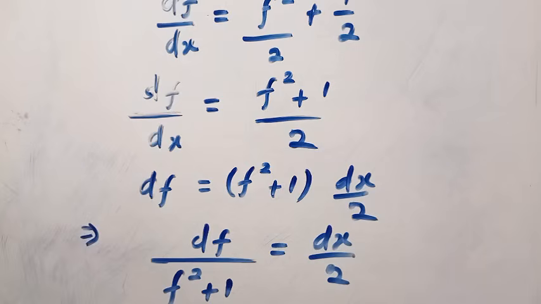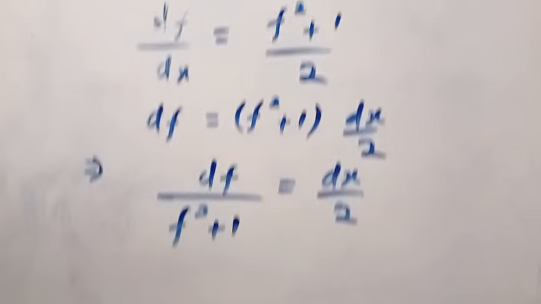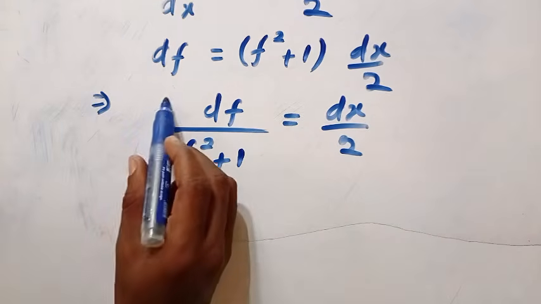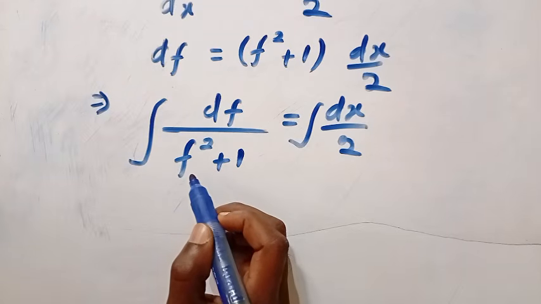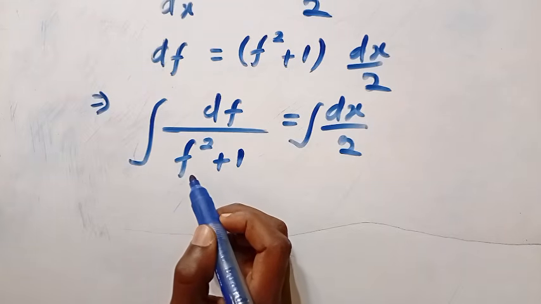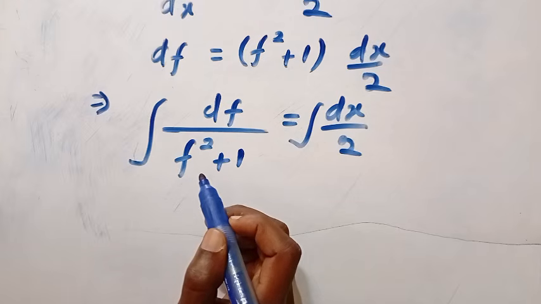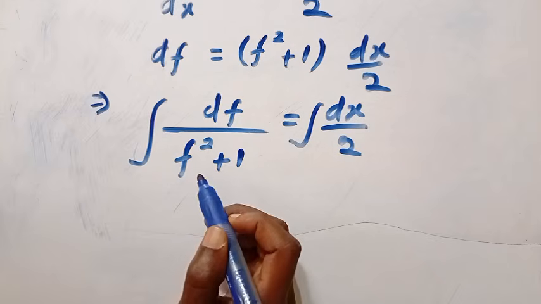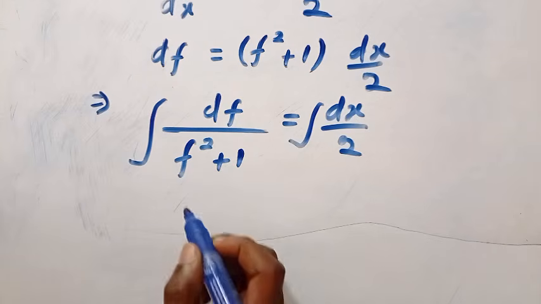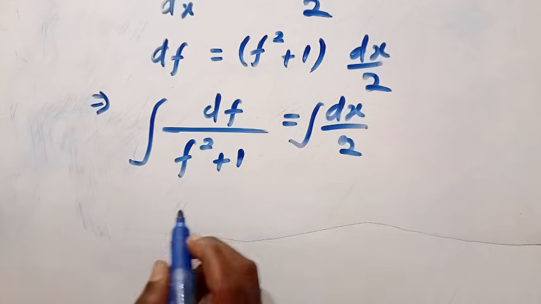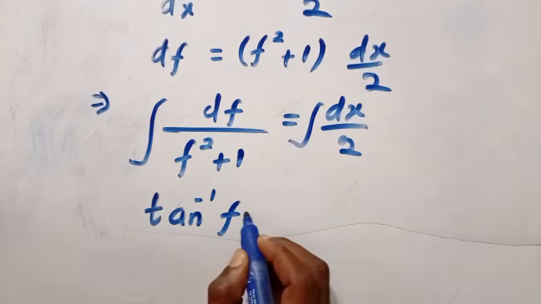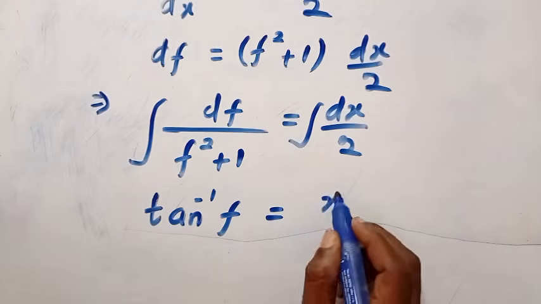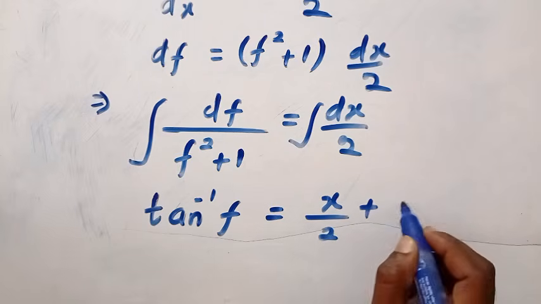The next step is to integrate both sides of this equation. By integrating, we have 1 divided by x squared plus 1 dx, that is the arctan, the inverse of tan. So we have the tan inverse of f equals x divided by 2 plus a constant.